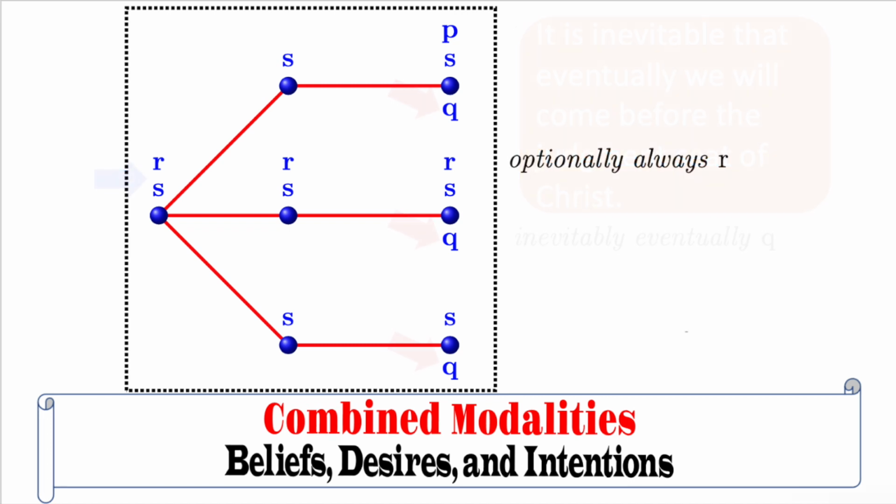As for the path from time point SR to time point R, based on the given tree, it is optionally always R. Why optionally? It is because there is only one path from time point SR to time point R. Why always? It is because the time point R appears in every time point along the path.